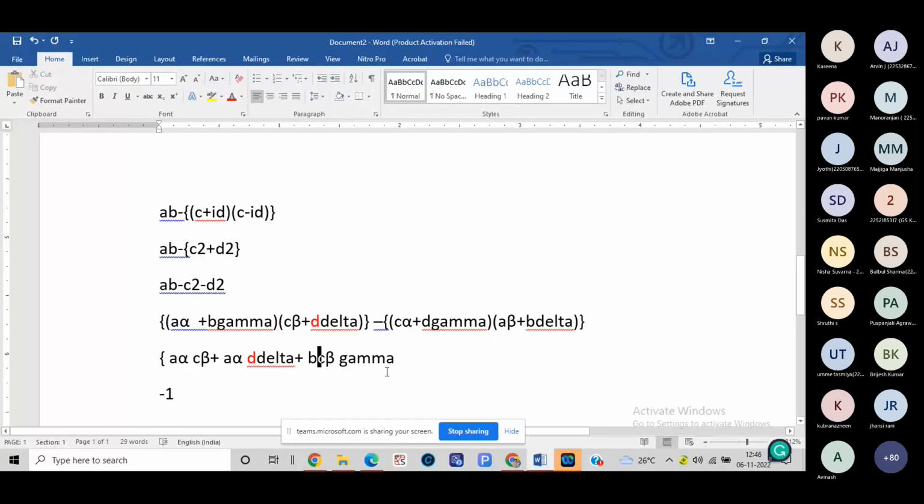Next minus the next one. Sorry, plus only. Plus B gamma, B gamma plus D delta. B gamma with D delta. Okay, this you put in flower brackets, end. Again continue with the minus flower bracket. What happens?